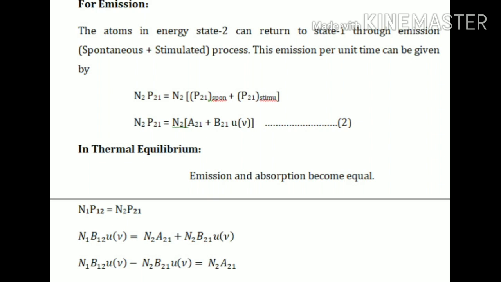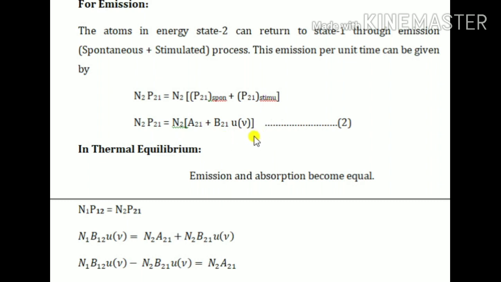So, this emission per unit time can be given by N2 P21 equal to N2 (P21 spontaneous plus P21 stimulated). This P21 spontaneous is equal to A21 and this P21 stimulated is equal to B21 U nu.